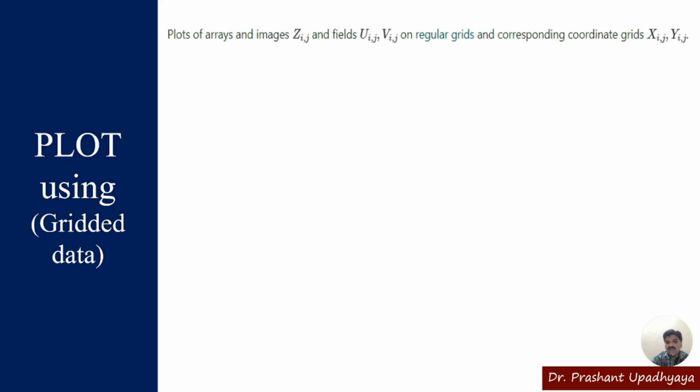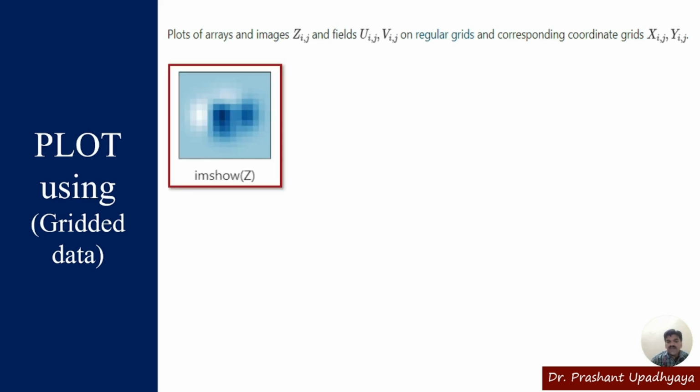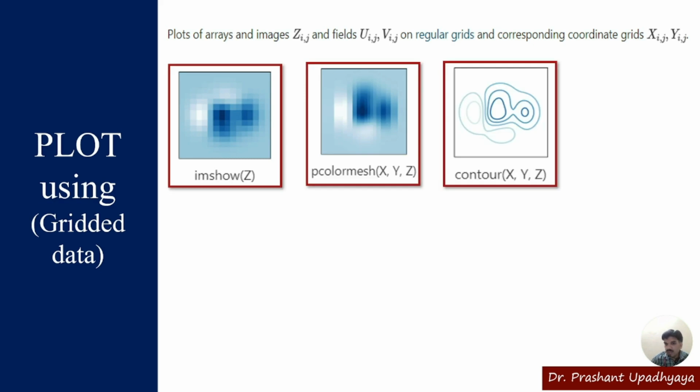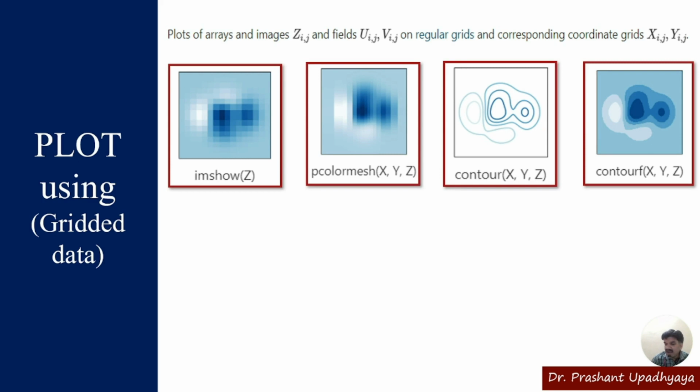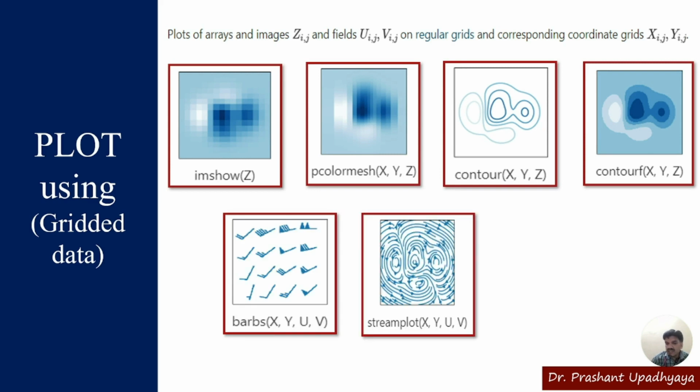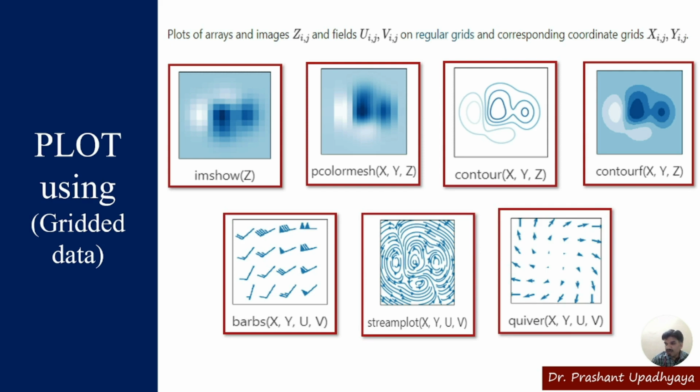We can use imshow for images. Then we have pcolormesh. We can use the contour method, contourf, barbs, stream plots, and quiver. These are some of the gridded data plots that can be created with the help of Matplotlib.